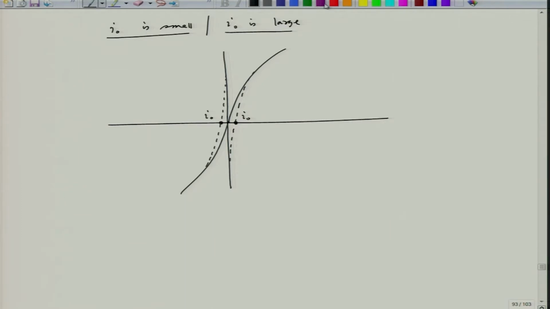In another situation where I 0 is large, the plot will be much more flattened, so this becomes I A, this becomes I C, and this is the I applied, and in the other case this is I applied, this is I A, this is I C.